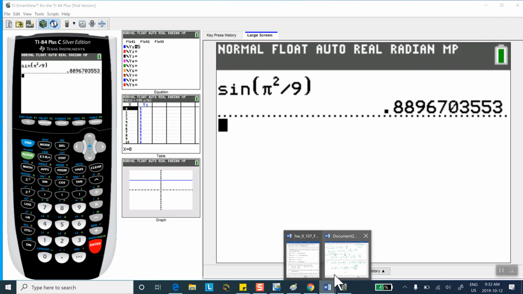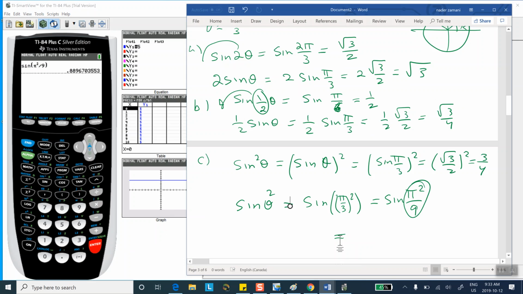So this would have been 0.8896 rounded to the fourth decimal. All right, so that takes care of this problem.